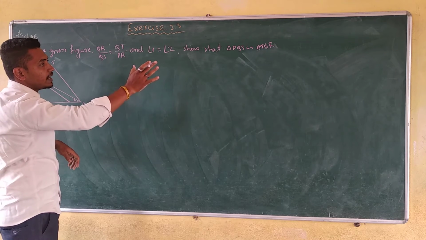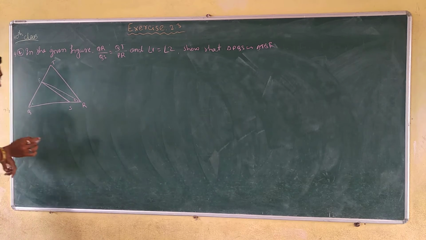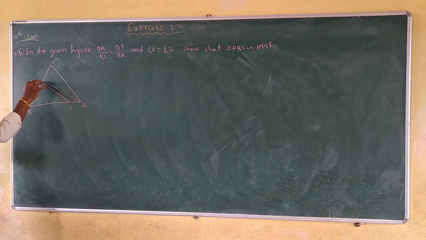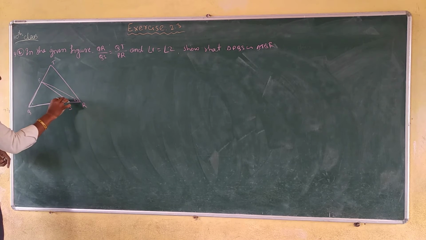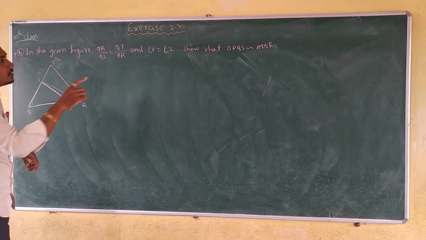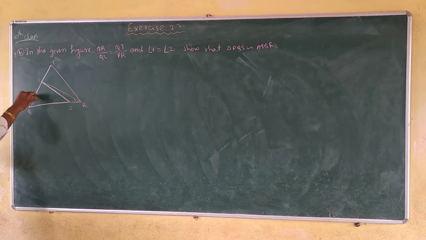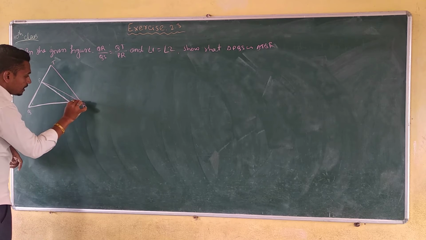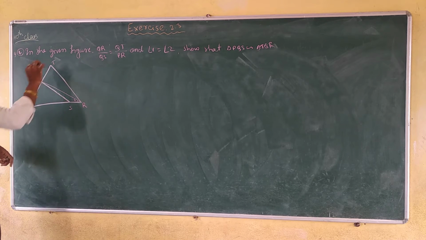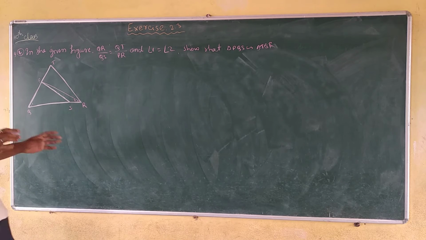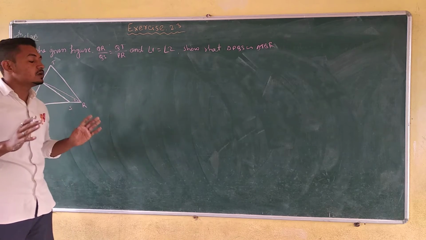Now we have to prove that triangle PQS, this is one triangle, and triangle PQR, this is another triangle, are similar.